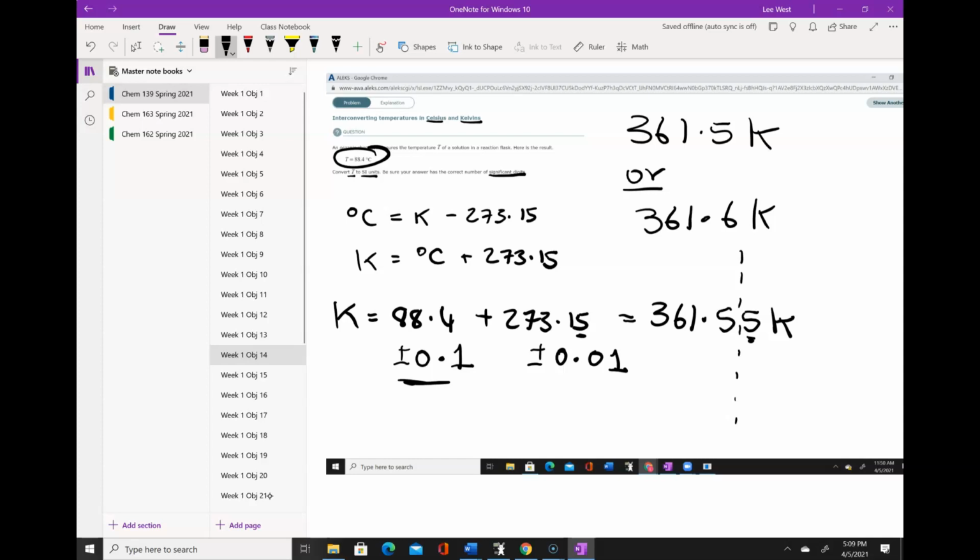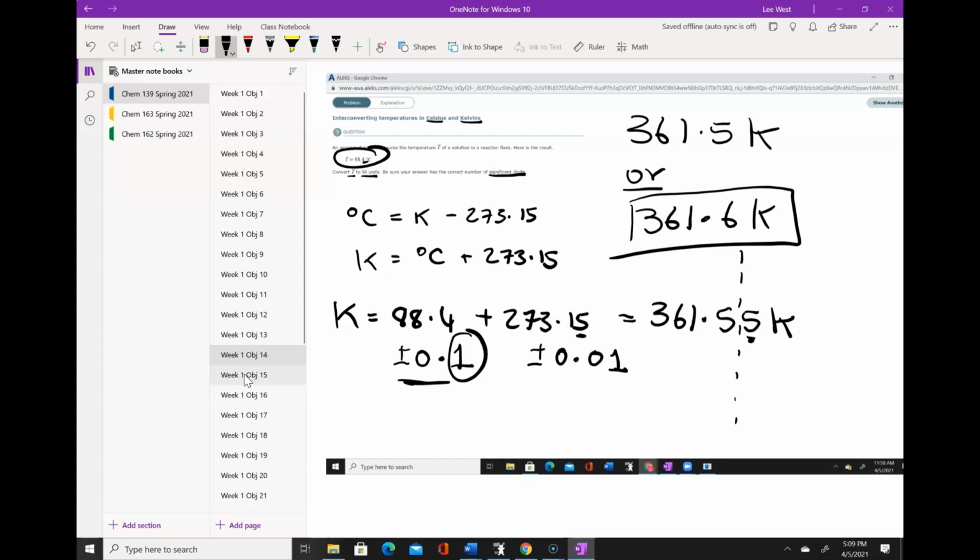Okay, so we're going to round this one up to 361.6 Kelvin. And like I said, we go out to the 0.1s because the measurement that we were given was in the 0.1s, and that is the least precise of those two measurements. A little bit complicated, that one, with the rounding and getting the correct number of significant digits.